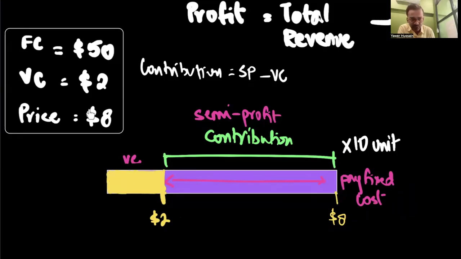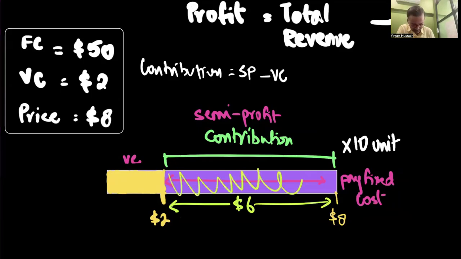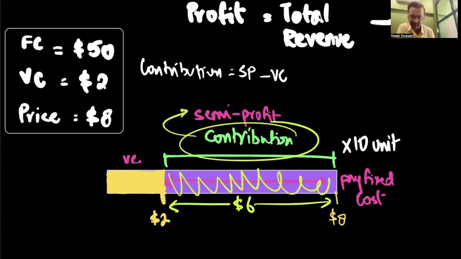So let's say the $2 variable cost that was there, if that is the first thing that you deduct from your earnings, you reduce this $2, you're left with this little portion here of $6 from this point to this point. This little region here is what we call contribution. And think about contribution as semi profit.